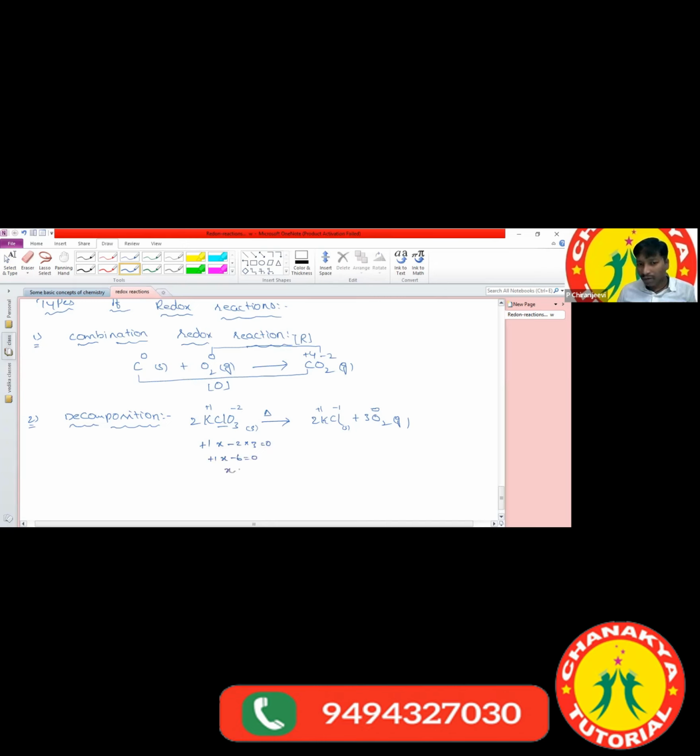If we simplify, we get x - 5 = 0. Moving -5 to the other side, x = +5. So the oxidation number of chlorine in KClO3 is +5.